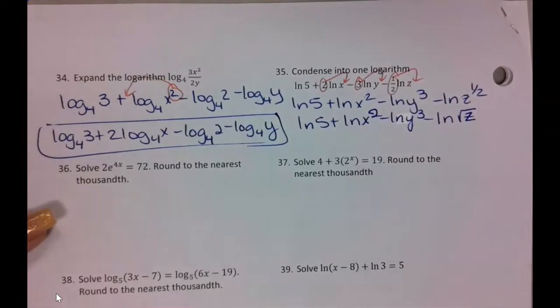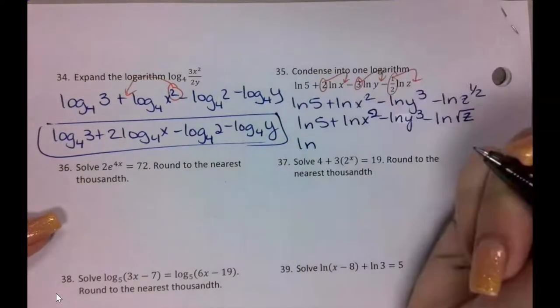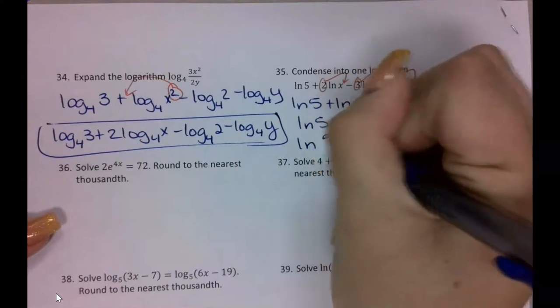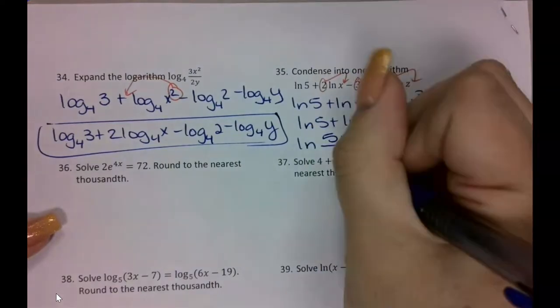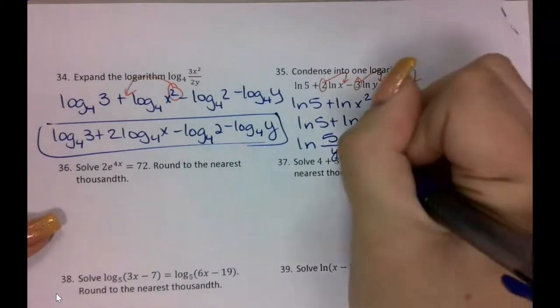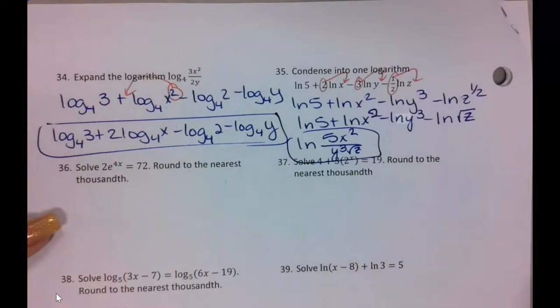Then I just want to go ahead and put them all together. I have two things that have plus in between. Those go on the top of the fraction. Two things with minus, those go on the bottom. So this is my final answer here.